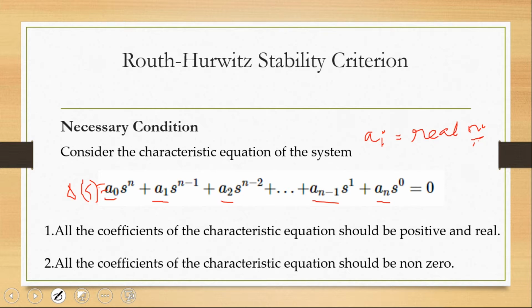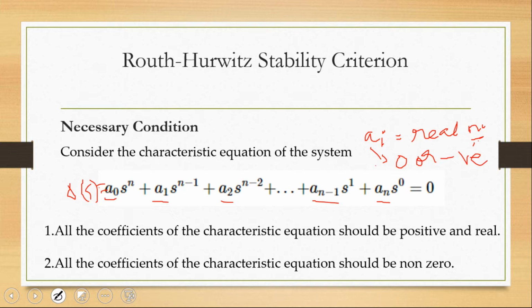These coefficients of the characteristic equation can be either positive, negative, or 0. Based on whether they are positive, negative or 0, you decide the stability of the system according to Routh stability criteria. If any coefficient from a0 to an is either 0 or negative, then the system is not stable.